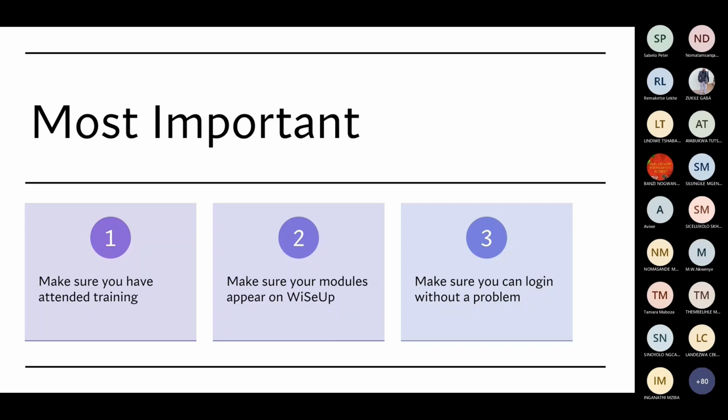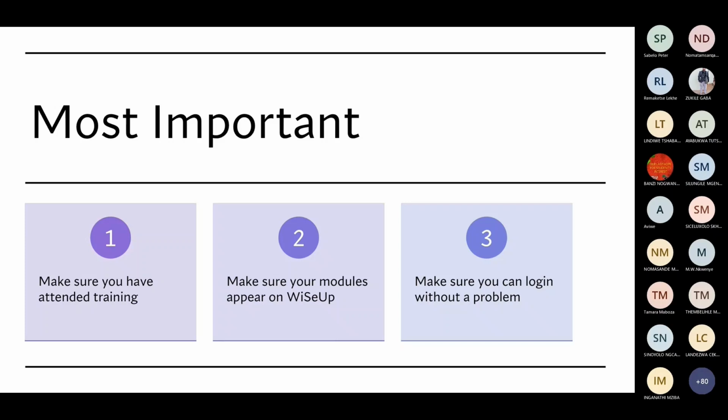So it means that there is something they are not doing right. They will not be able to write a test or an exam because it will not appear on their Moodle since they have not registered for that module. Make sure that all of your modules appear on your proof of registration and also on your WhatsApp.